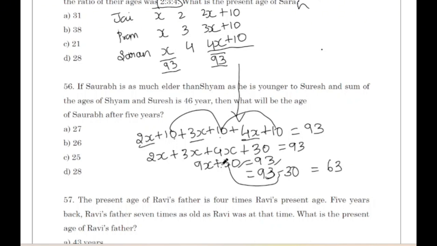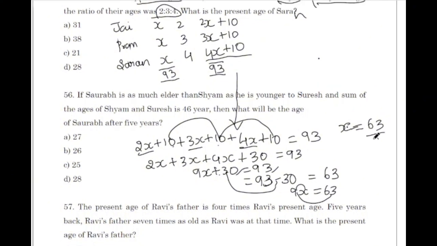So now we have 9x is equal to 63. So x is equal to 63 divided by 9. The 9 is multiplication, and when it goes to the other side it becomes division. 63 divided by 9 is 7. Okay, 7 is the x.